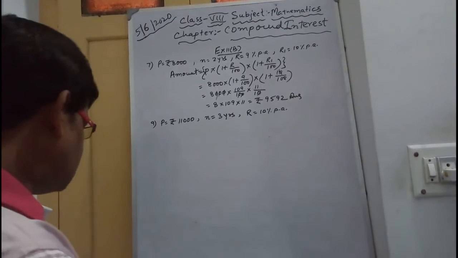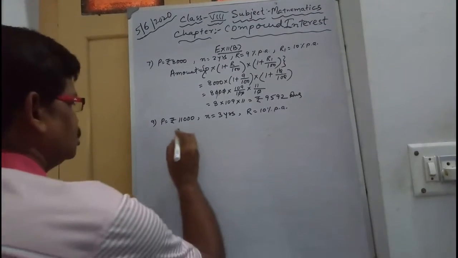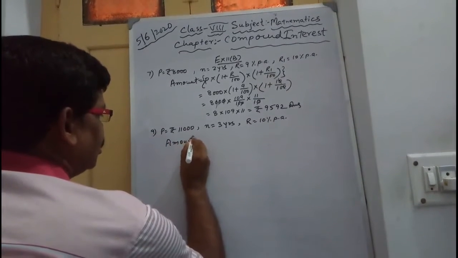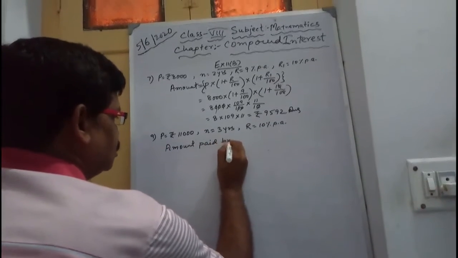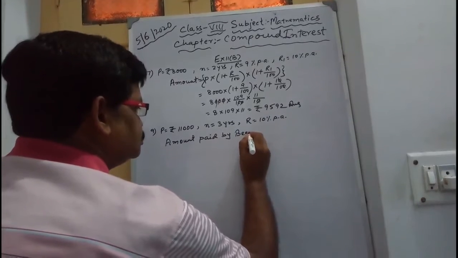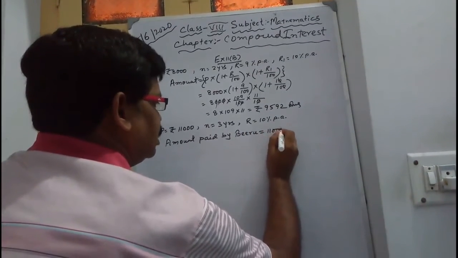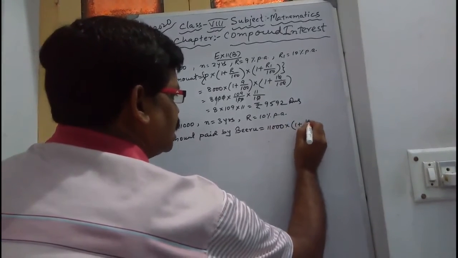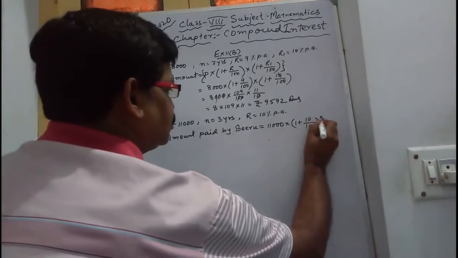That's why, as he paid the debt, the amount paid by Biru equal to 11,000 into 1 plus 10 by 100 power 3.